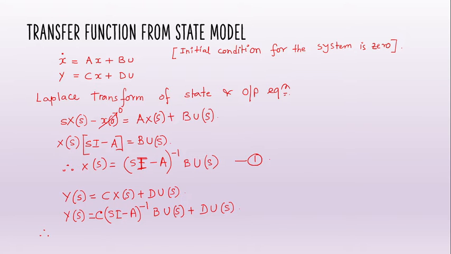Taking U(s) common from the right hand side and taking the ratio of output by input, I get the expression C (sI minus A) inverse B plus D.